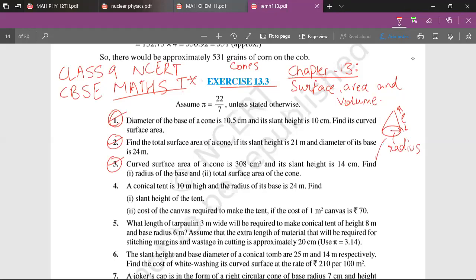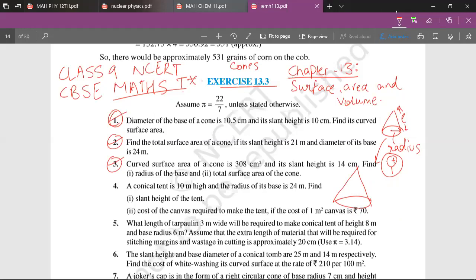If you zoom in, it will somehow look like this, or I'll draw a more accurate and neat figure. Okay, so a cone roughly looks like this, and this is a 3D version.